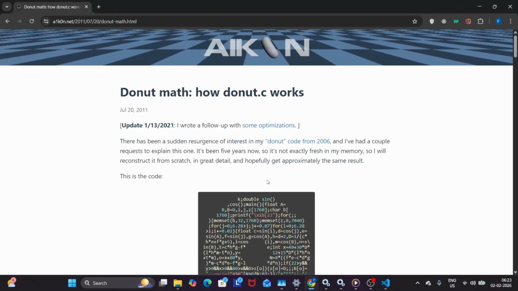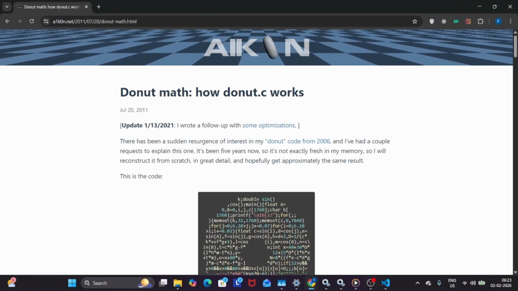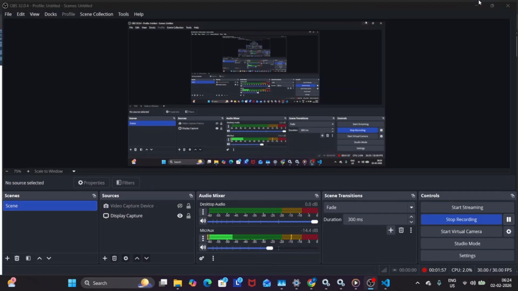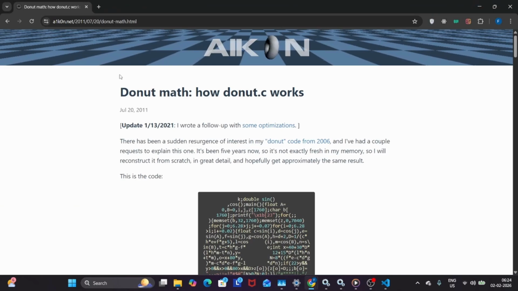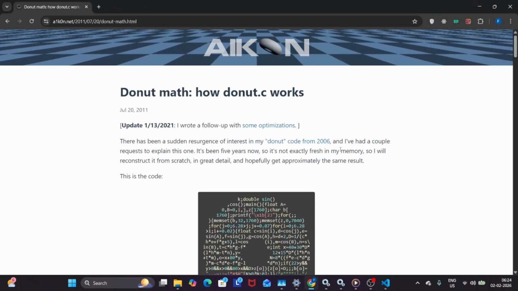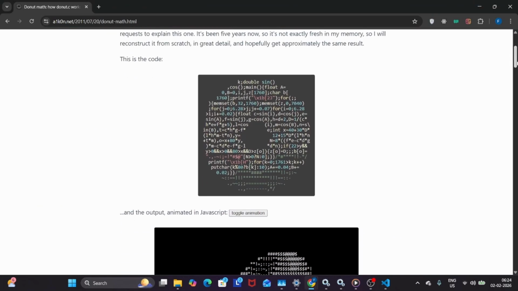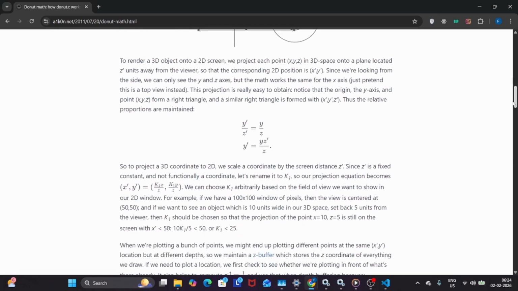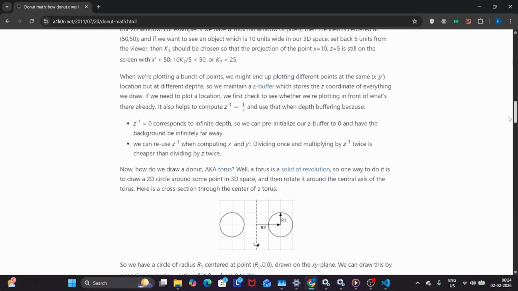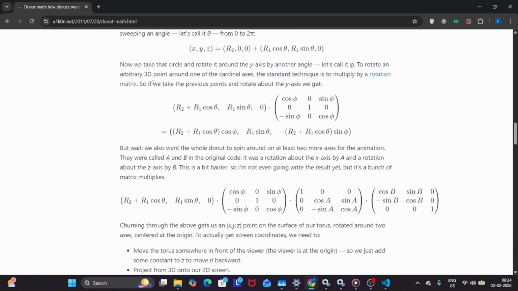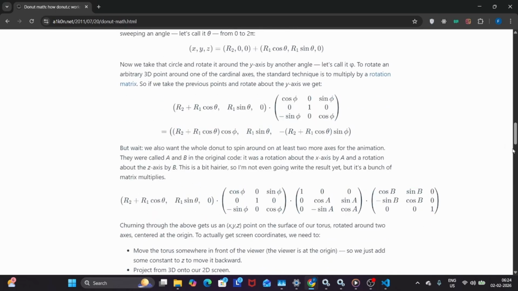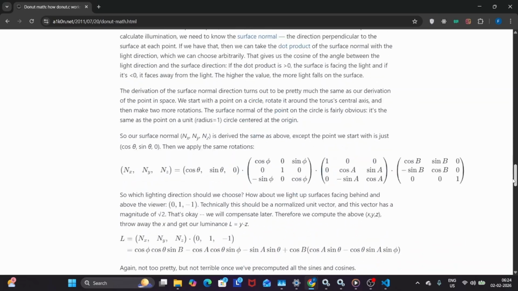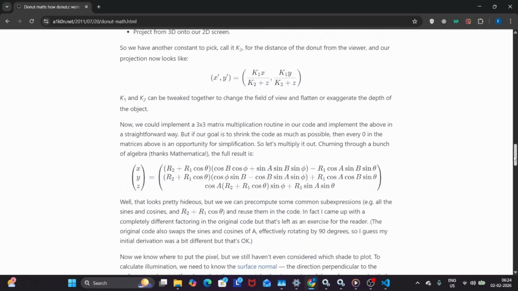So the idea of this spinning cube has come from this donut one, which I think was written in C. You may see it and think that it is very hard, but do not worry, your brother is here, and I'm gonna teach you how everything works. I know it looks hard, but we are not gonna go too deep. So let's start the video.